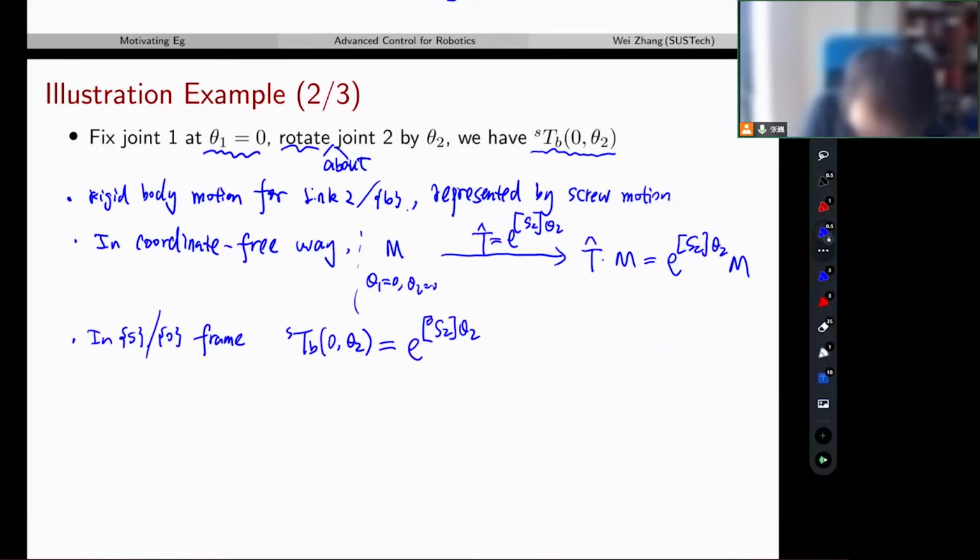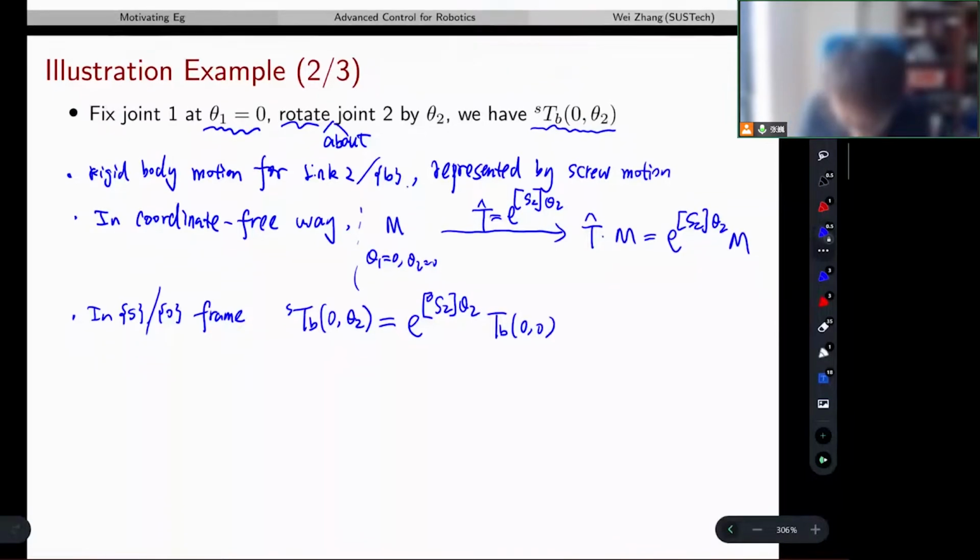Let's call that 0 or S. I use 0 or S interchangeably here, because I don't want to have S of S, so S of 0. And this T_B times 0, 0, which is M. Okay, that's our formula for now.